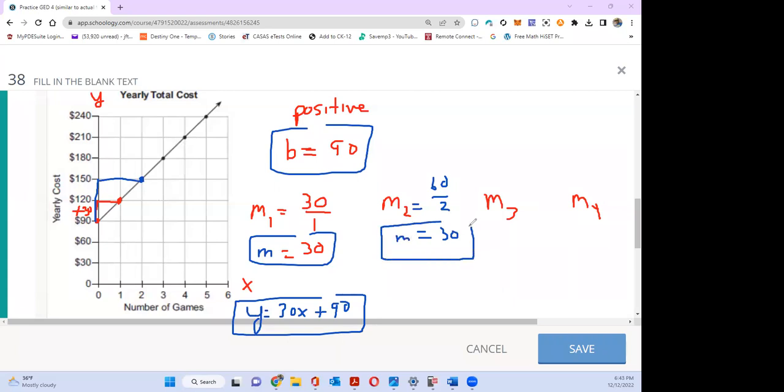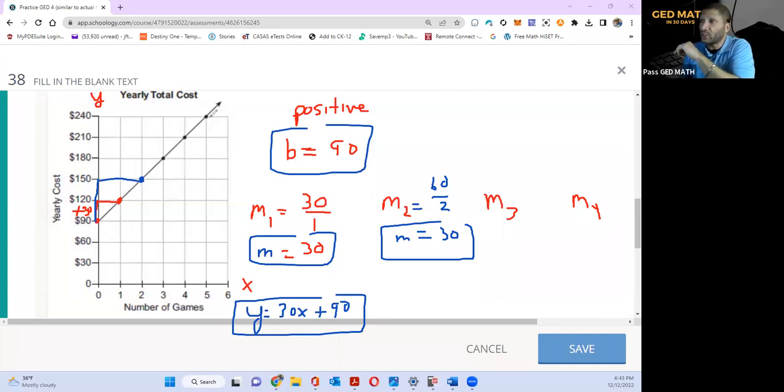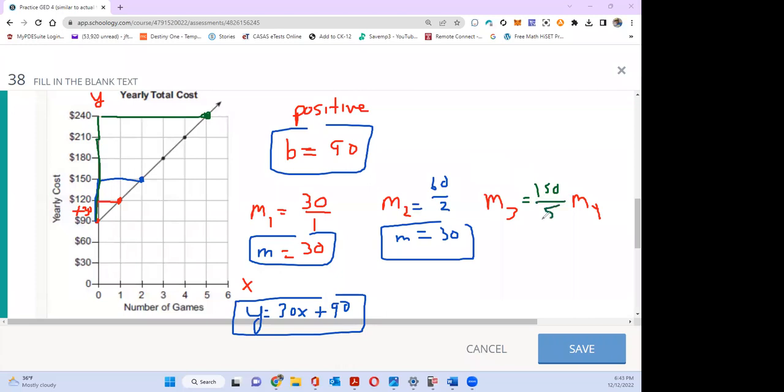Still 30. It doesn't matter what point I choose. You only need 2. If I select this one, 30, 60, 90, 120, 150, that's 150 over 1, 2, 3, 4, 5. 150 over 5, my slope is still 30.